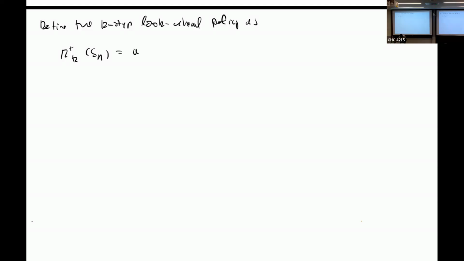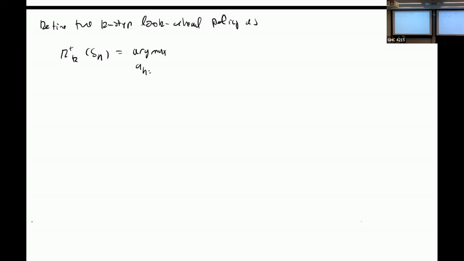So let's say we define the K-step look-ahead policy as pi plus k of some state sh as being the, I'm going to be a bit sloppy and write argmax over the next k actions, but like you said, it's really argmax over the first one, max over the rest.